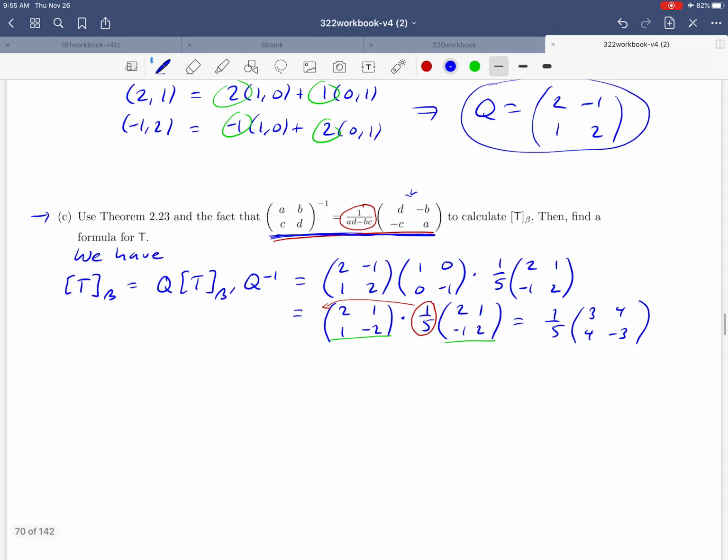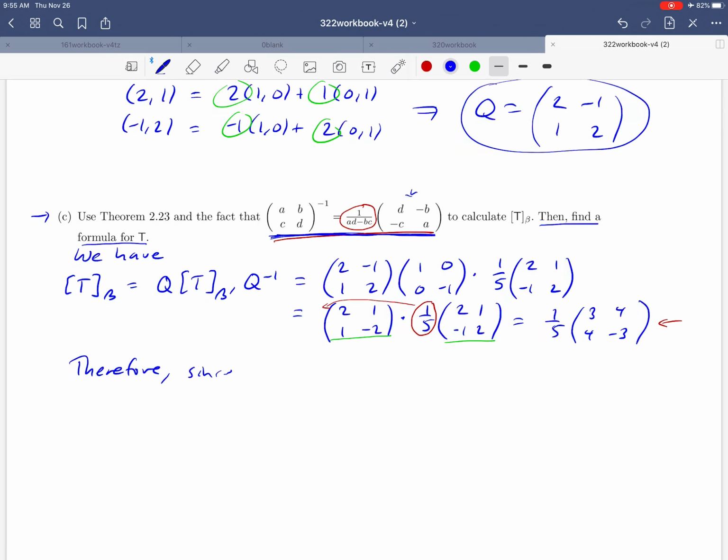Now here comes the main step. Find a formula for T. The fact that this matrix that we just came up with is relative to the standard basis makes it easier to write down a formula. And so here's my claim.